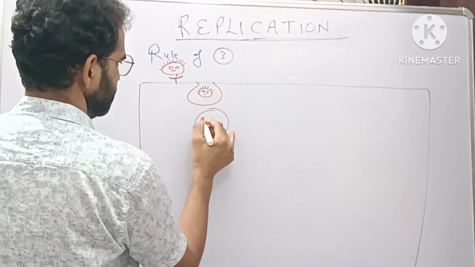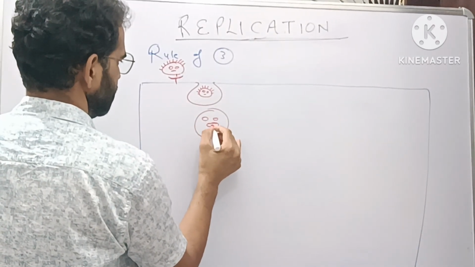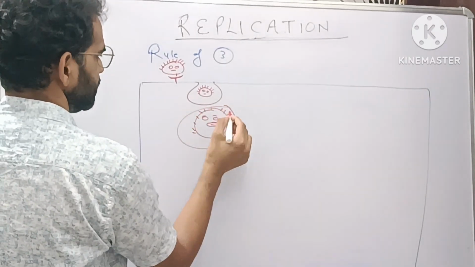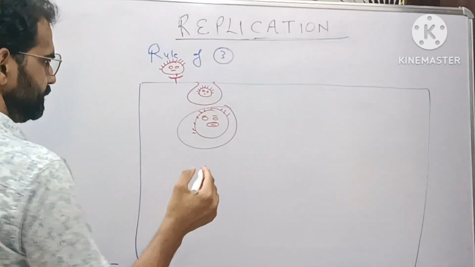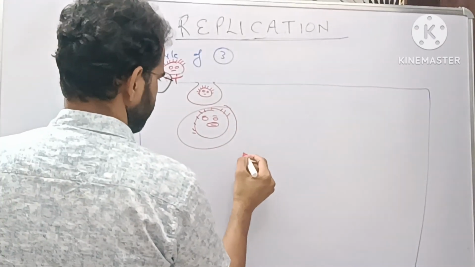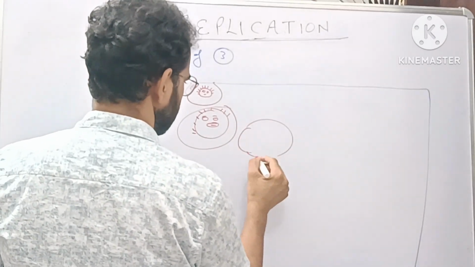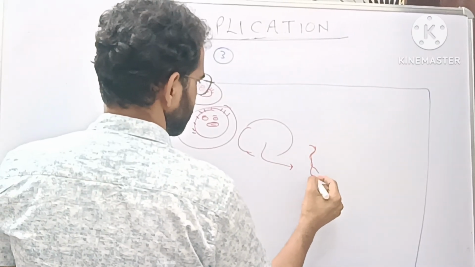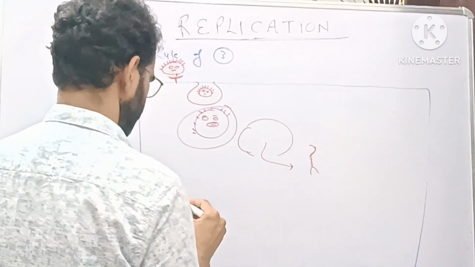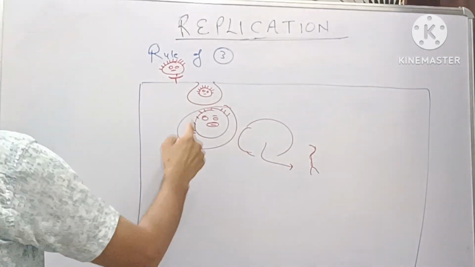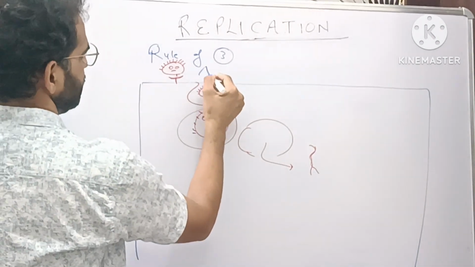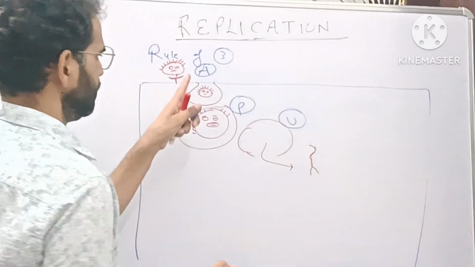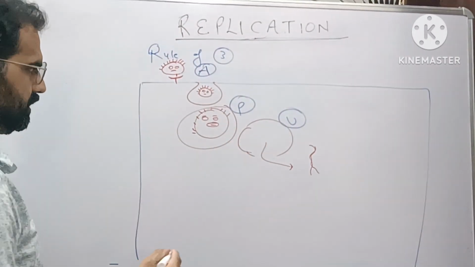Then this virus is inside the vesicle. After this, the virus genetic material comes out. So these 3 steps were the A step, P step and uncoating. So these were the APU steps.